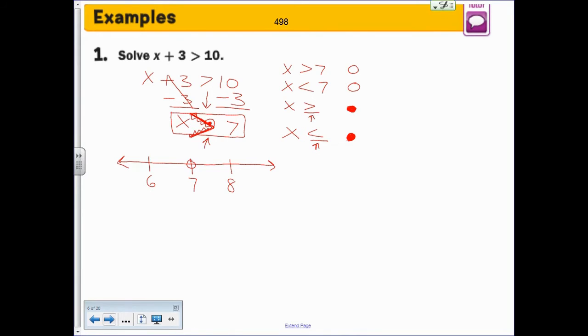So since x is greater than 7, numbers like 8, 9, 10, 11, 12, the numbers to the right on the number line, are included in my solution set. So my arrow needs to be drawn to the right. It is an open circle because there's no equal bar, and because x is bigger, the arrow has to go to the right. Let's take a look at example number 2.